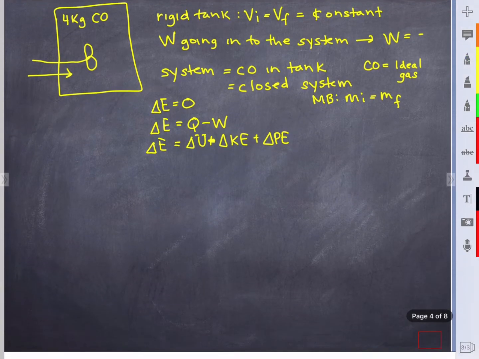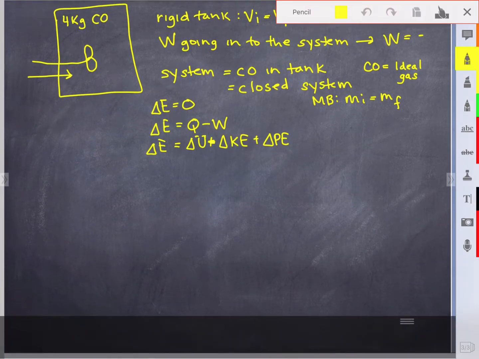Putting all those things together, we can write that energy transfer by heat minus energy transfer by work is equal to the change in internal energy, and that's total internal energy, plus kinetic energy plus potential energy.